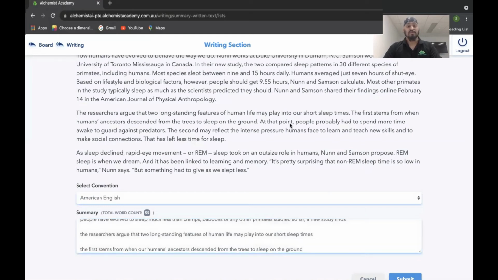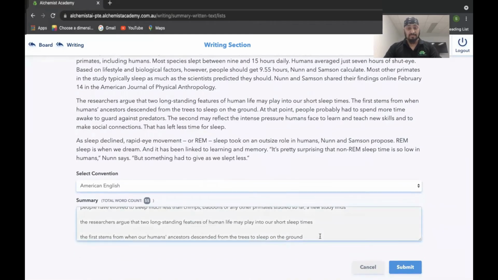At that point, people probably have to spend more time to guard against predators, and we don't really need to go into it. And what is the second factor? The second one being, I'll just write the same thing. The second may reflect and to make social connections. Okay, let's just stop at this.